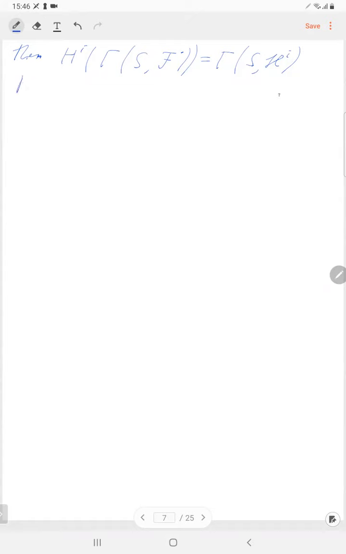And the proof is immediate. You just split everything into short exact sequences. So you have cycles or cocycles, coboundaries.